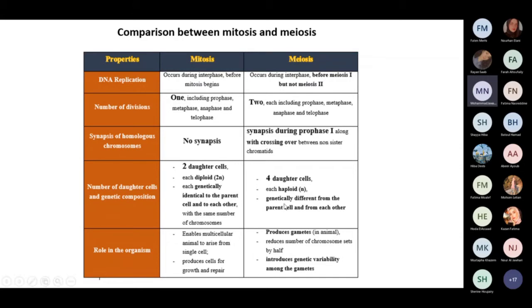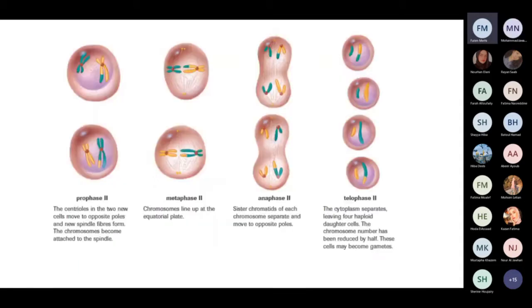Yes, through the crossing over and the independent assortment, or what we said is the interchromosomal shuffling during the anaphase 1.